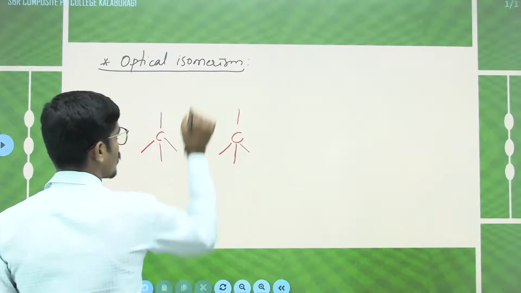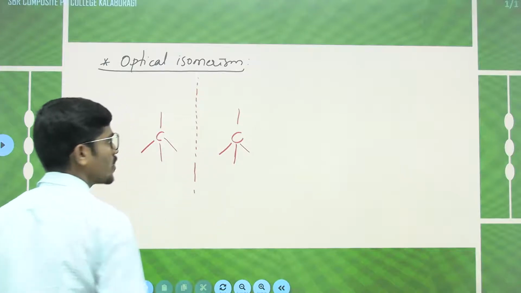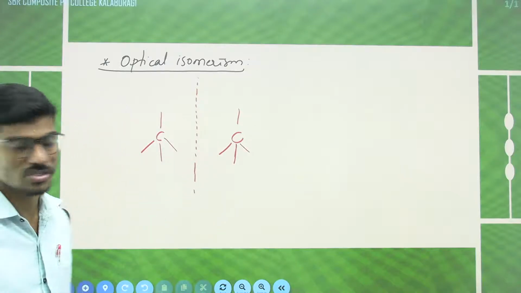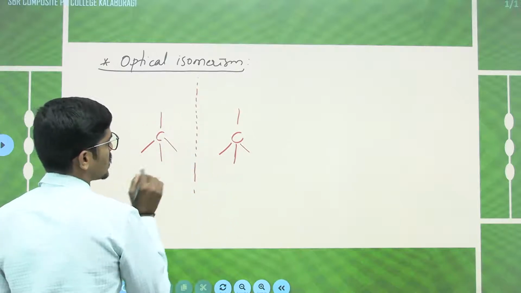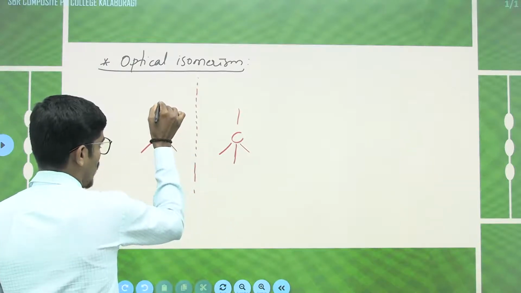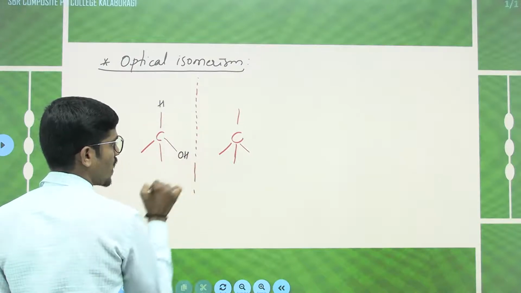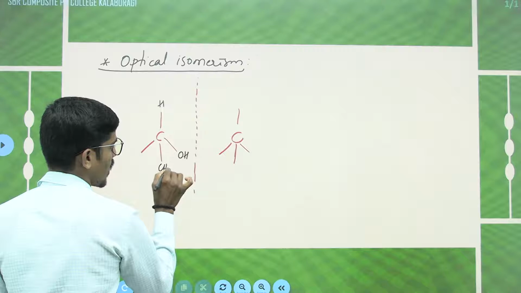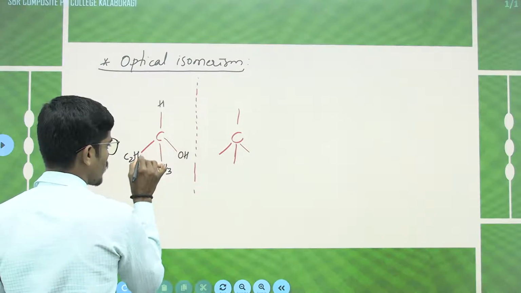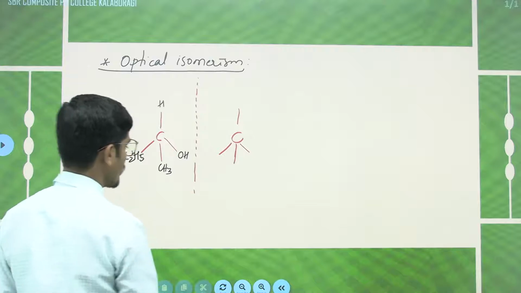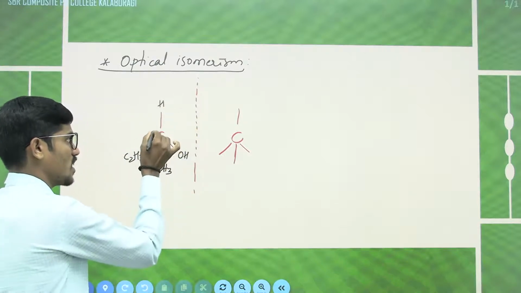Optical isomers are non-superimposable mirror images of each other. If the carbon contains four different groups, let's say H, OH, CH3 and C2H5, then different groups are attached to this carbon atom.